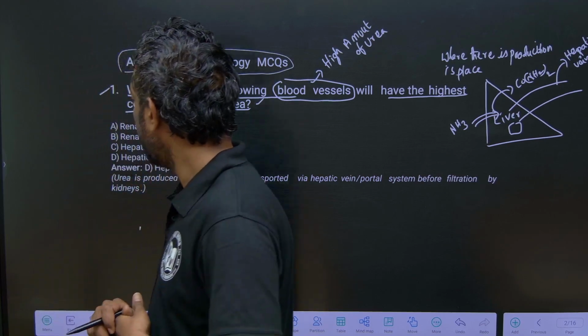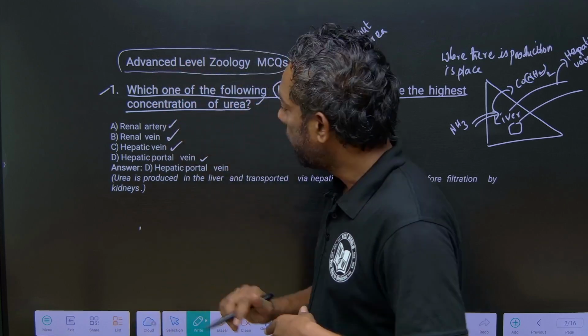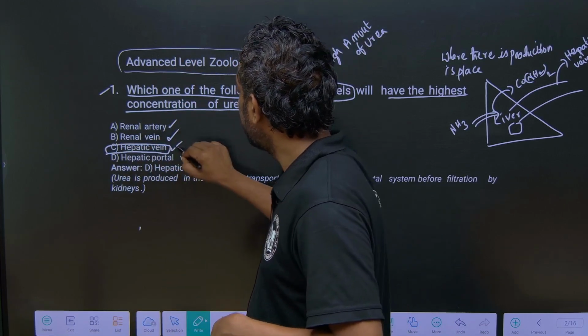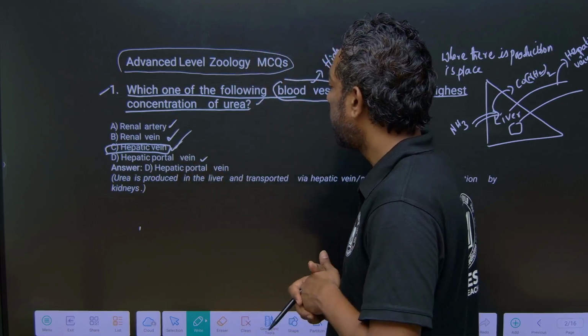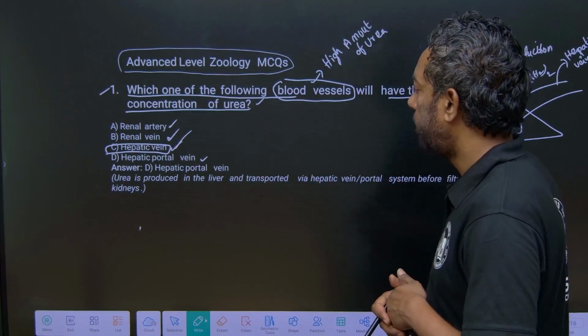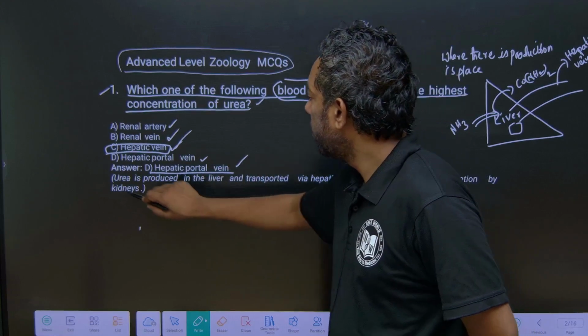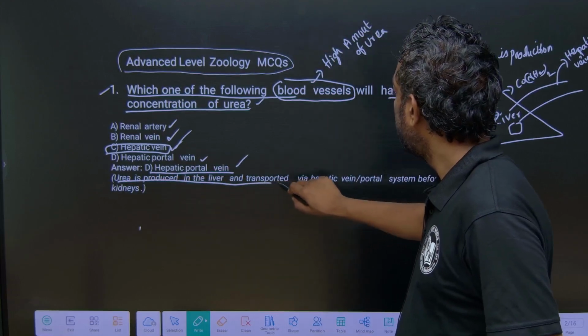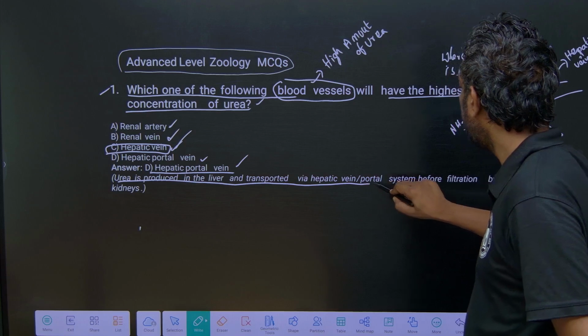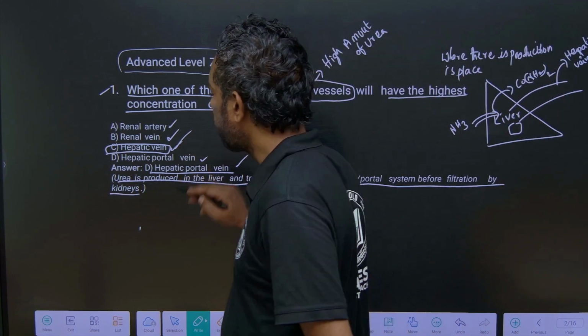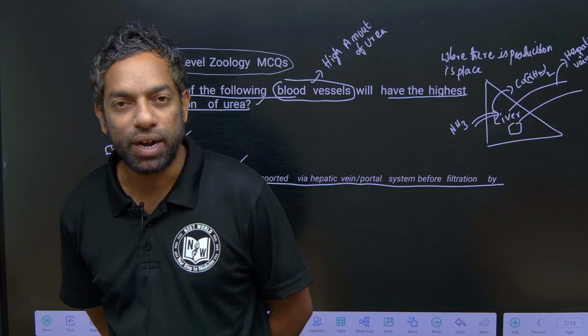Instead of renal vein and renal artery, hepatic vein is the answer. Urea is produced in the liver and transported via the hepatic vein before filtration. The hepatic portal vein is not this; actually this is the hepatic vein.